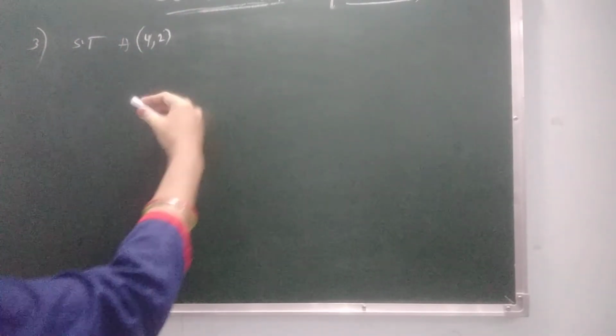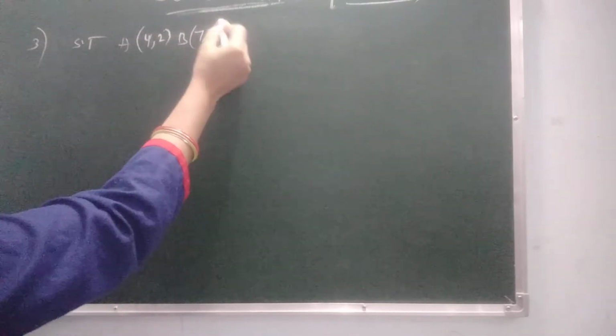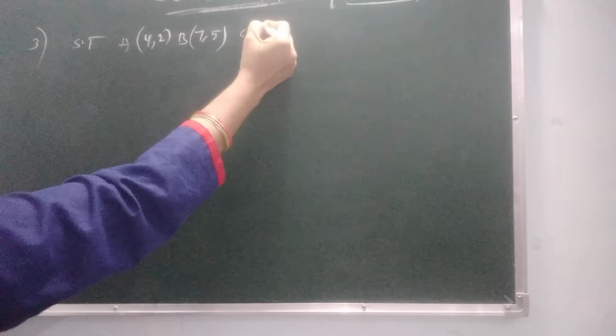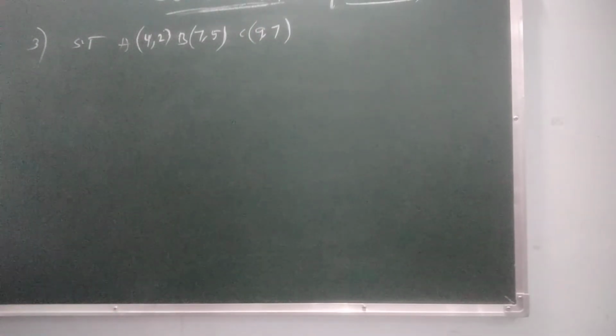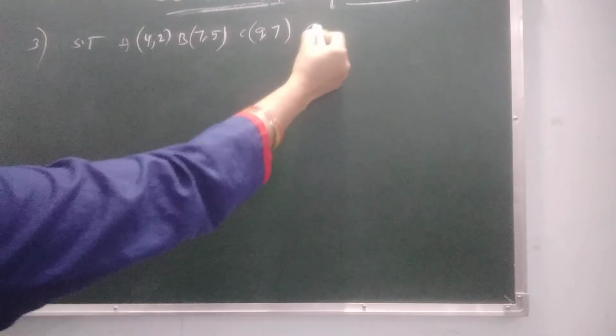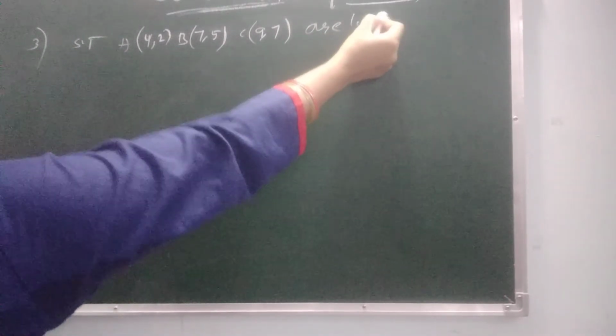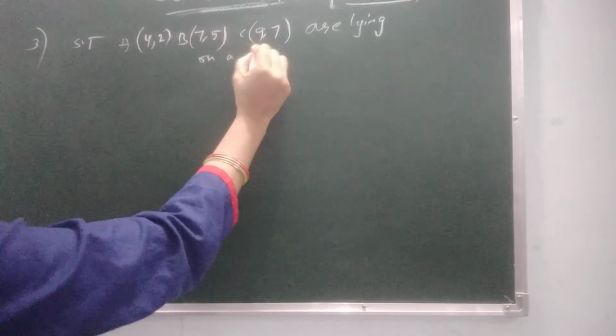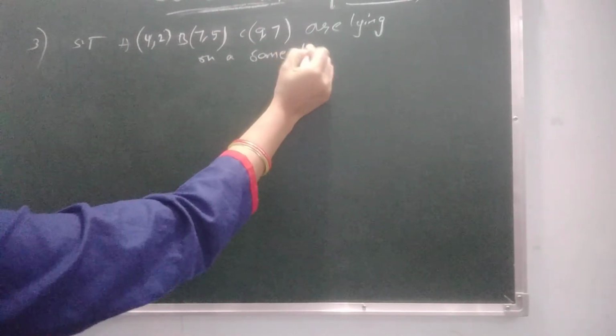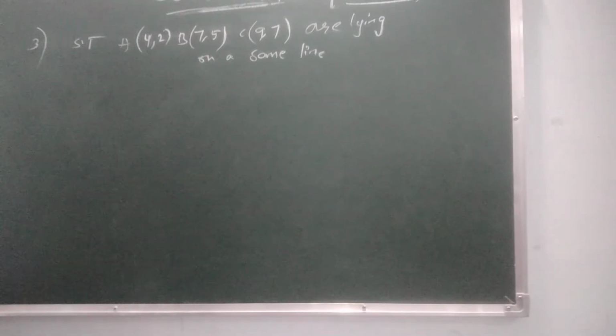I'll try to complete today's questions on this chapter. Okay, for example, if they ask like this: show that the 3 points, for example A of 4 comma 2, B of 7 comma 5, and C of 9 comma 7 are lying on the same line.